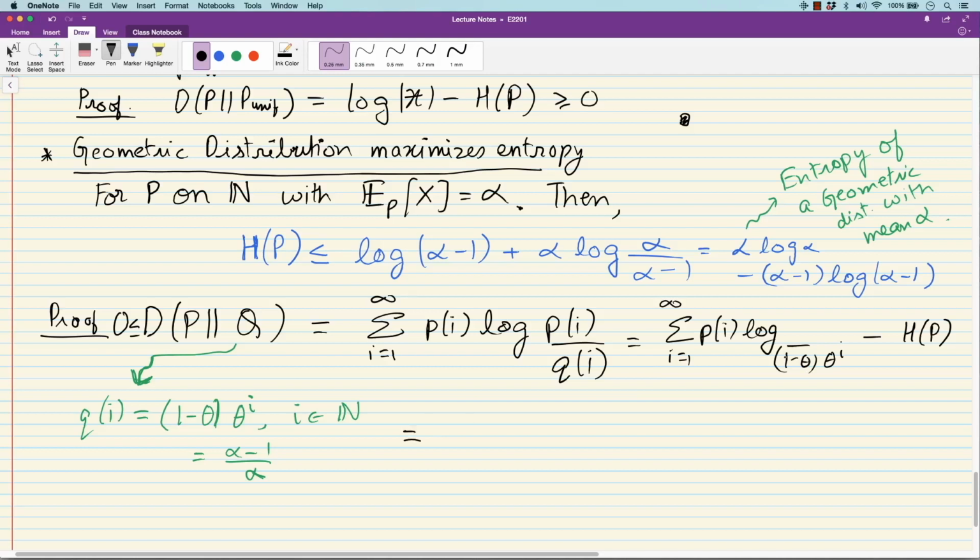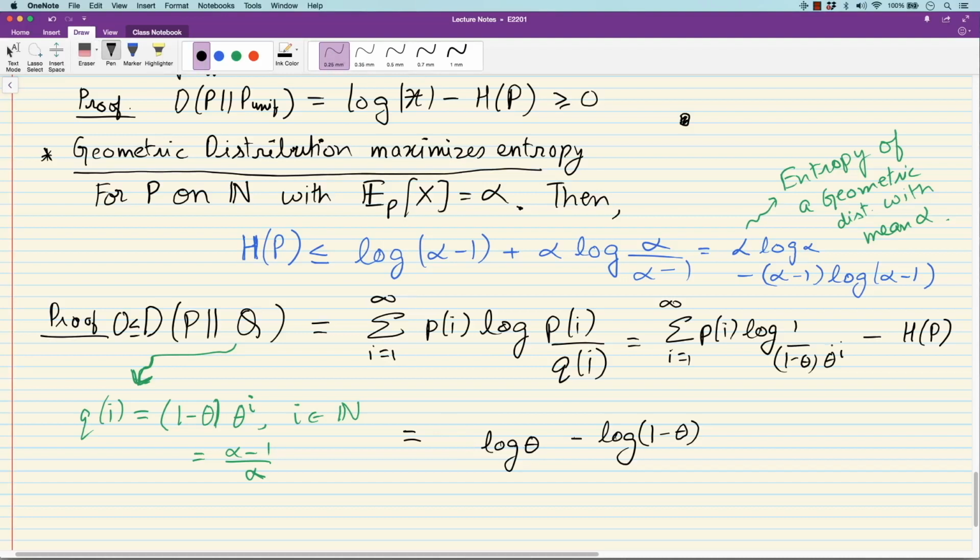So this is minus log(1 minus theta), and then minus log theta to the power i.